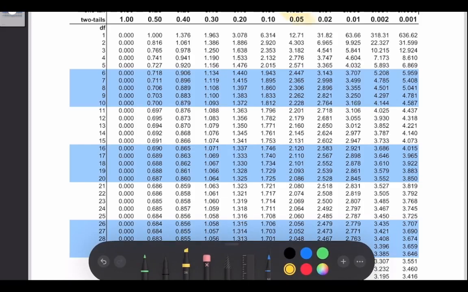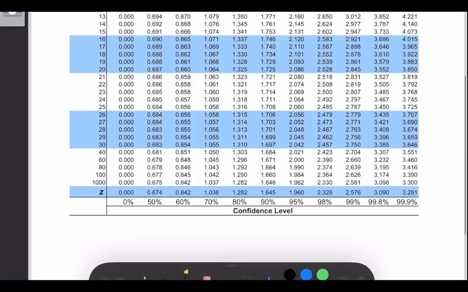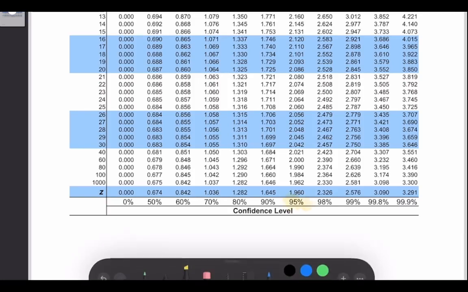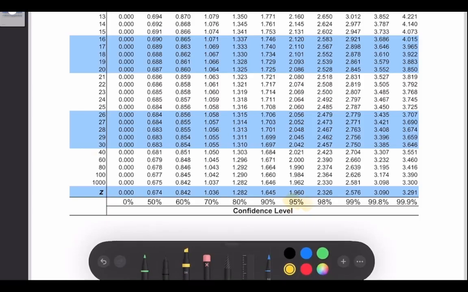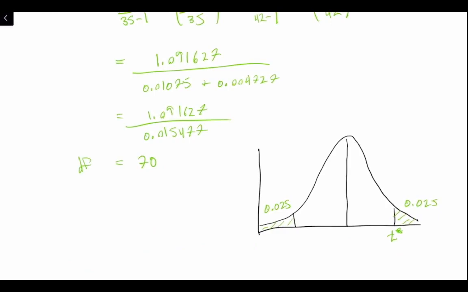So 0.025 in each tail, for a cumulative total of 0.05, or otherwise our 95% confidence level. We don't have 70, so let's round down and use 60 as just a rough estimate. What we're looking for is a T critical of 2.00. So our T star here is 2.00.